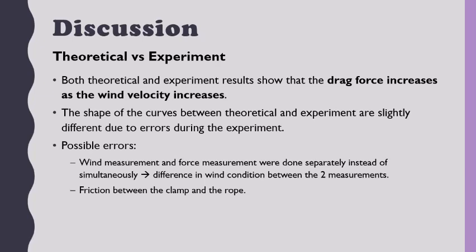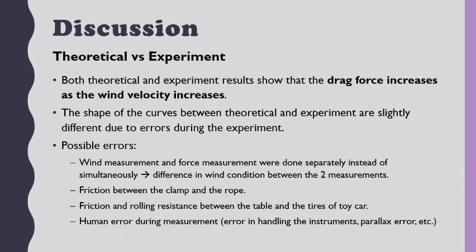Second possible error is the friction between the clamp and the rope, which will make the force at the rubber not purely from the drag force itself. Third possible error is friction and rolling resistance between the table and the tires of the toy car. This effect is similar to the previous error.